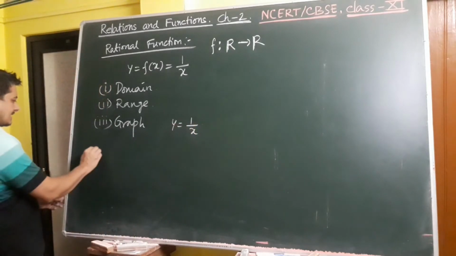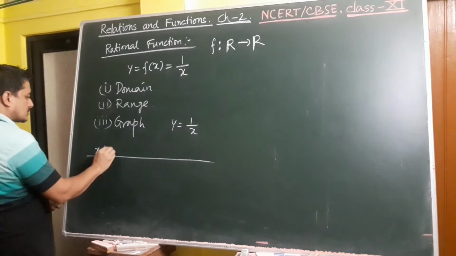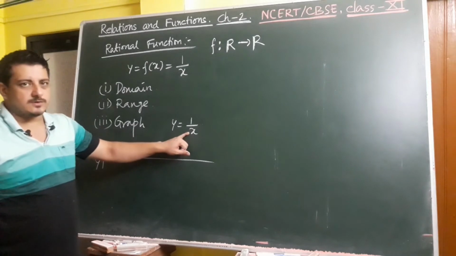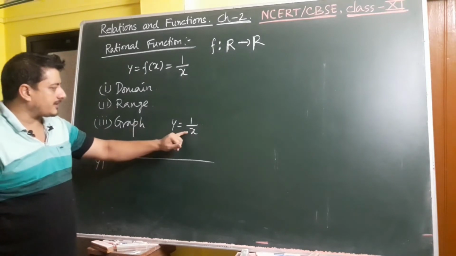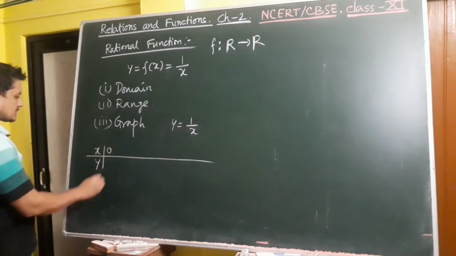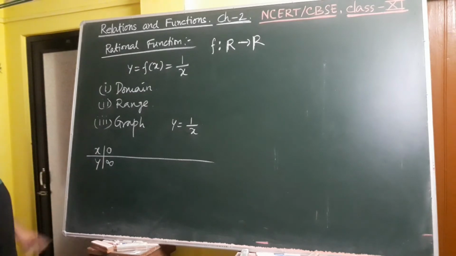So you can see, I'll prepare the table of x and y. So put x is equals to 0. If I put x is equals to 0, this is not allowed. It becomes 1 by 0, which is nothing but infinite, so it is not determined.